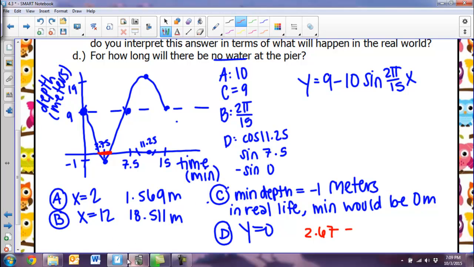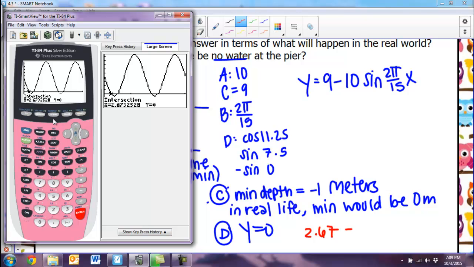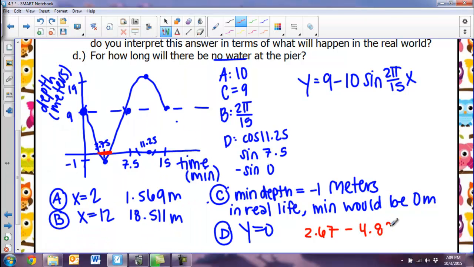And then the next point is going to be second trace, number 5. Go over to the second part, close enough. And I find that it ended at 4.82 or 83. And since this is in minutes, this is time. So between those two values, there's no water at the pier.